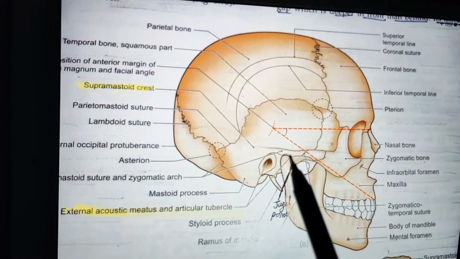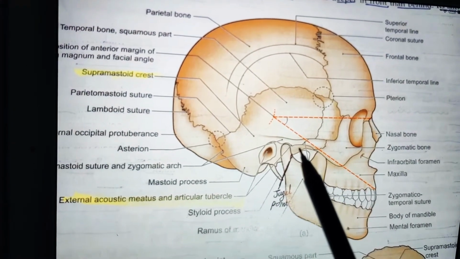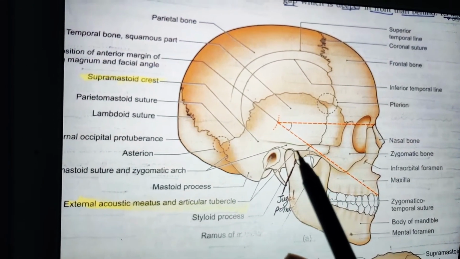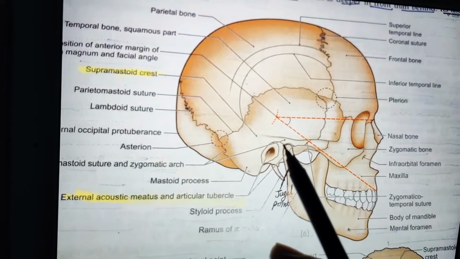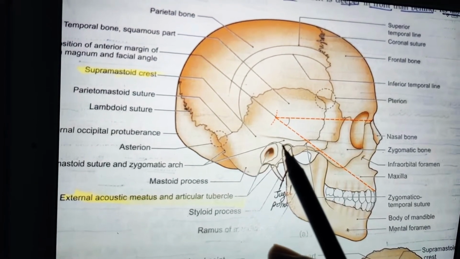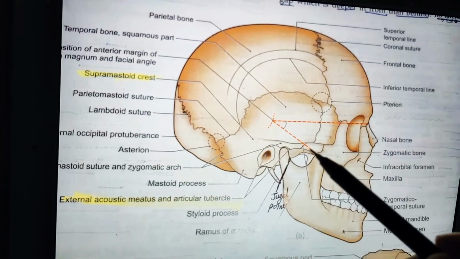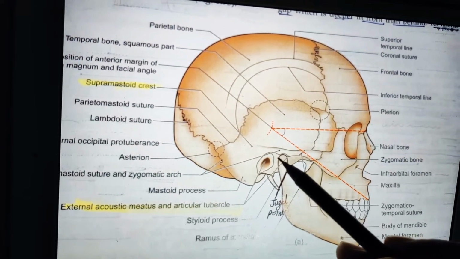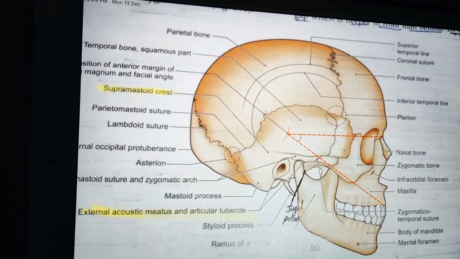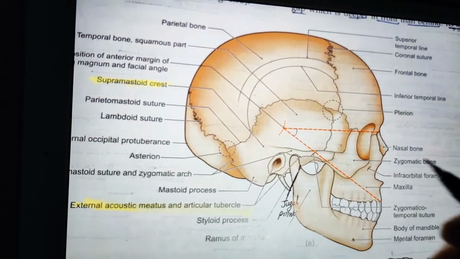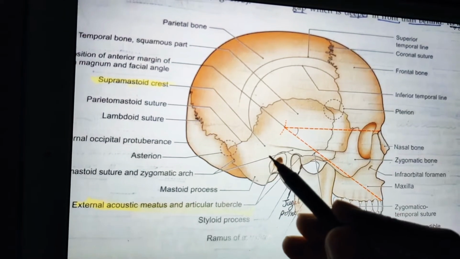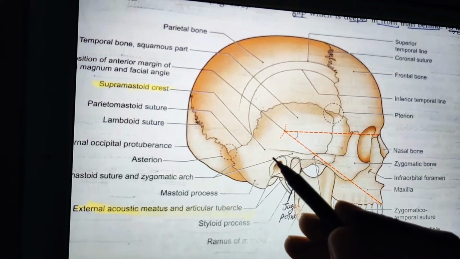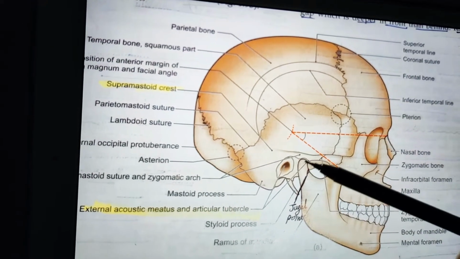If you observe the inferior border of this zygoma, you can see an articular tubercle, and behind the articular tubercle you can see one more bony projection, and this is called the postglenoid tubercle. Okay, now let us see the suprameatal triangle. It is located here, a triangle-like structure.